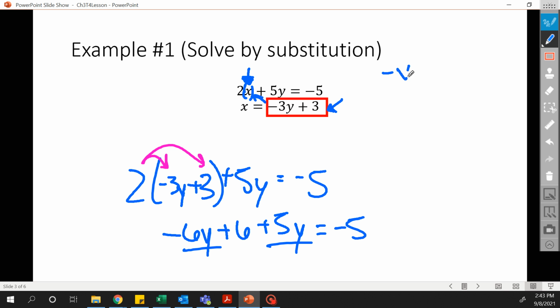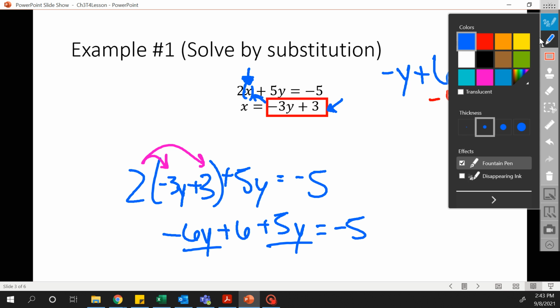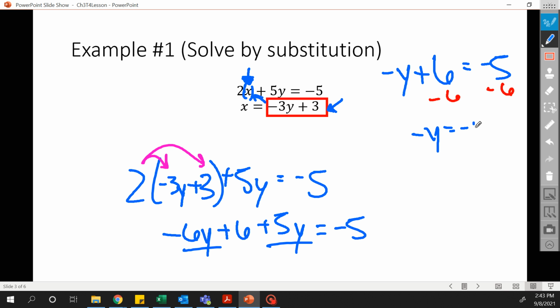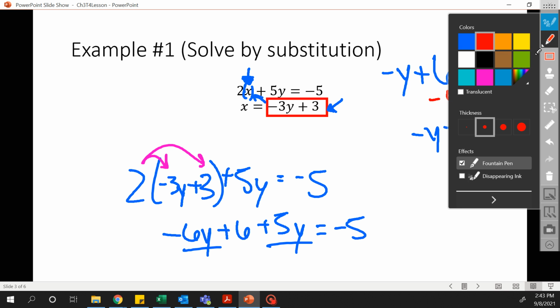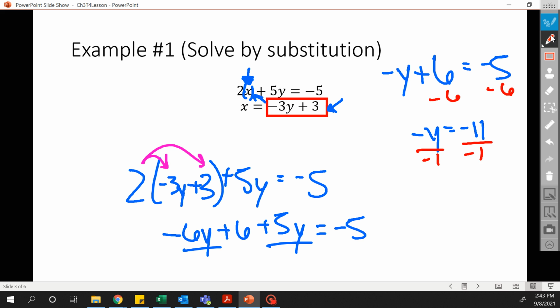So we end up with negative y plus 6 is equal to negative 5. We can now solve this for y by subtracting 6, negative y equals negative 11, and then dividing by negative 1, or multiplying by negative 1, to give us y equals 11.